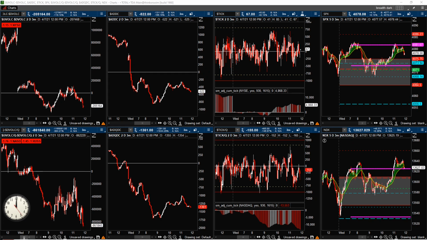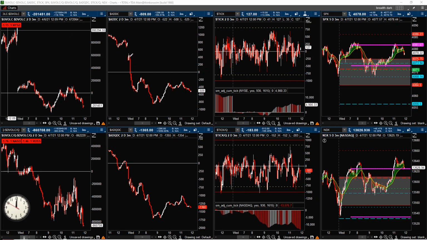Basically, just look at the trend and the level above or below 0. Right now it's been running negative throughout most of the session, and the up-down volume ratio is minus 1.15, meaning there's 1.15 times more down volume than up volume.